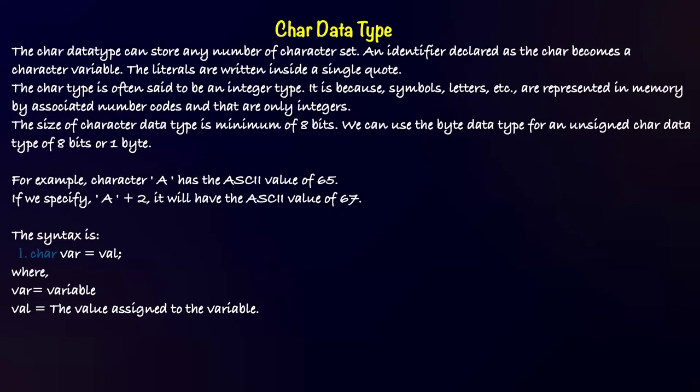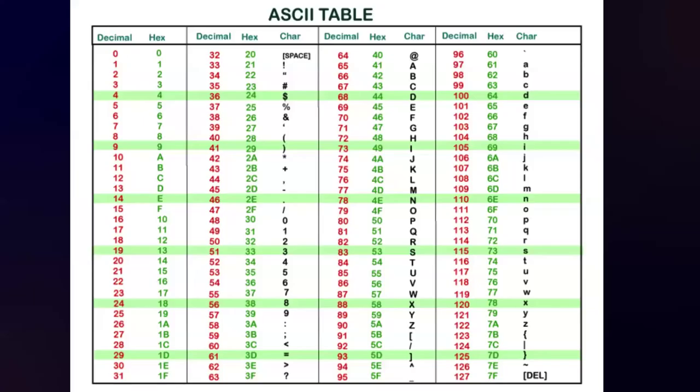A is 65 in decimal, so A plus 2 would be C, that is 67. 65 plus 2 is 67. This is what we talked about. Basically we considered the decimal part only, and the hexadecimal part is also given. But when we say the ASCII value of a digit, an alphabet, or a symbol, we mean the decimal values.